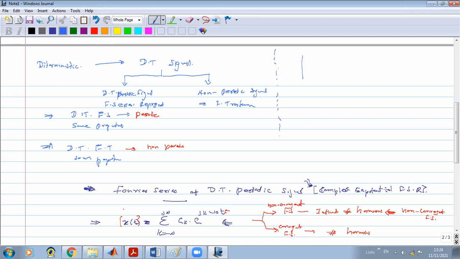If we have a continuous time signal like this, it may be power with respect to time, or any force, or maybe voltage with respect to time. Here it is changing with respect to time.